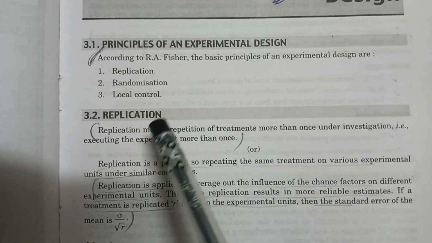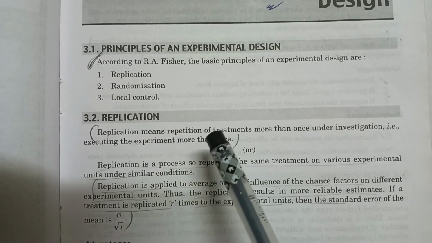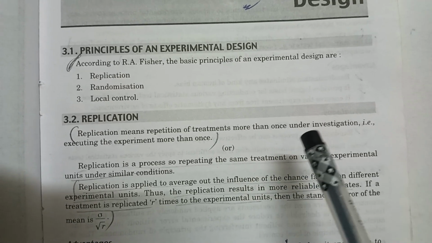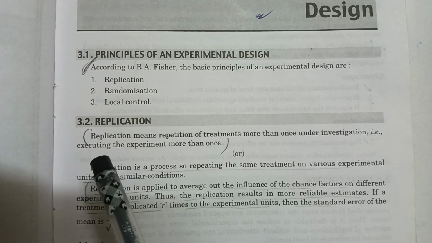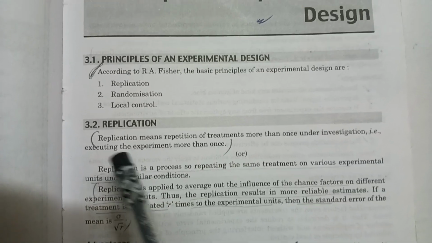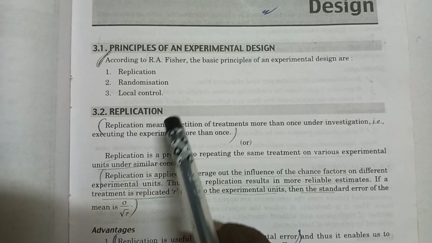So what do you mean by replication? Replication means the repetition of treatments more than once under investigation. That is the repetition, executing more number of times. So executing the experiment more than once is called replication.